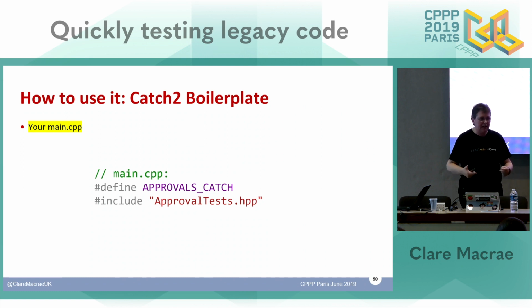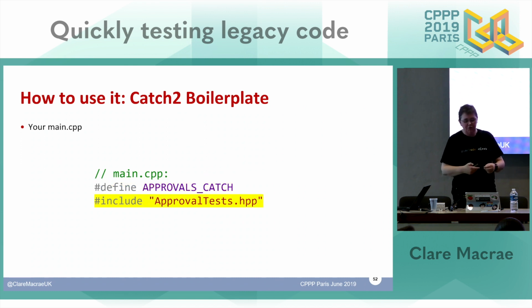These are standard concepts in modern testing systems. And so by #define APPROVALS_CATCH in our main, and then including the approval tests header, named to your liking, that's all you need to do as an absolute minimum to set up your main.